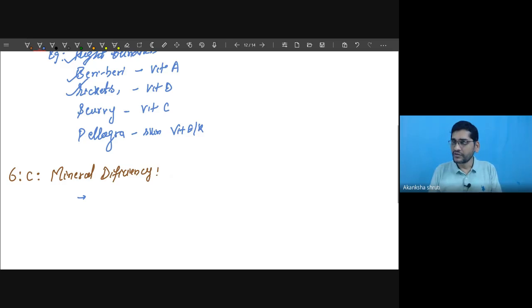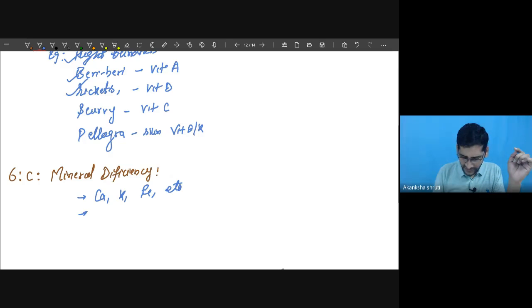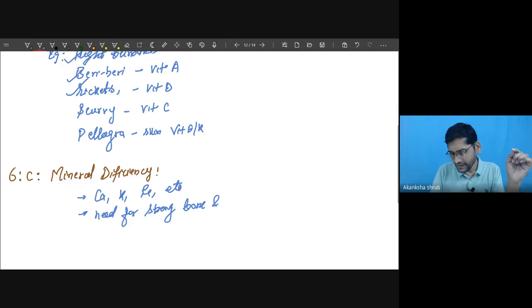The bone means these are basically like your calcium, potassium, iron, etc. These are the metals or metal ions that are present in our body, like our teeth, our bones. So these are needed for strong bone and teeth. Getting, student? If mineral deficiency is there, then bone gets tilted.